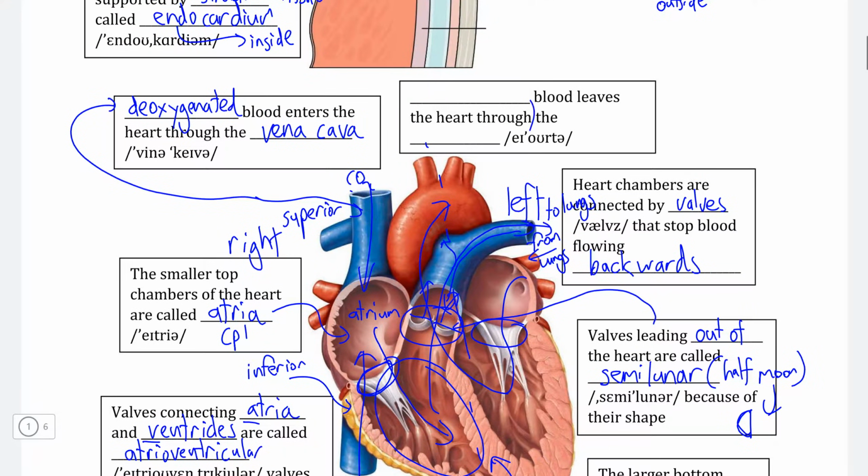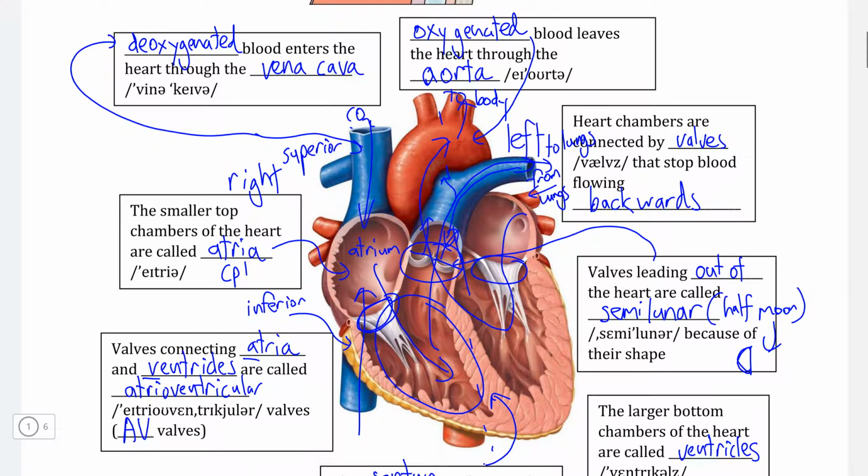So we can see that because the blood leaving this blood vessel here is red colored, this is clearly oxygenated blood, and this blood is going to the rest of the body in order to supply the cells in your body with the oxygen that they need. And the blood vessel that carries blood out of the heart is a blood vessel that we call the aorta.